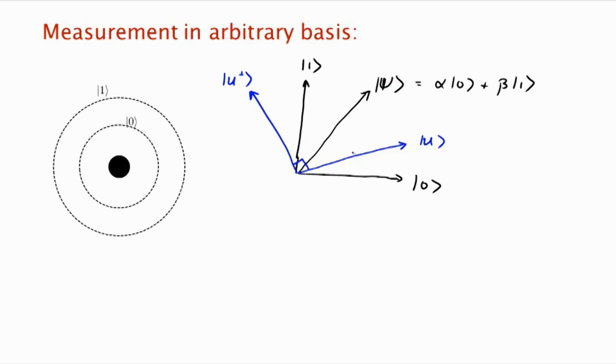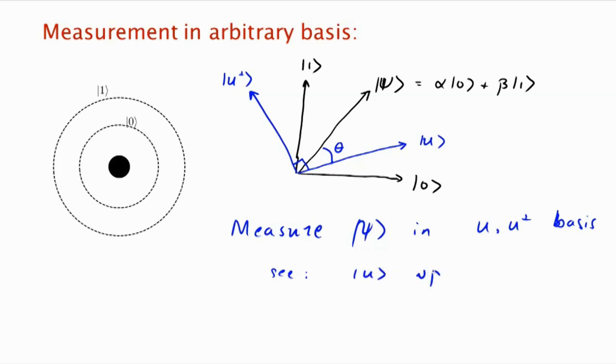And the answer is exactly what we said before. If it makes an angle of theta here, then if we measure psi in the u, u perp basis, you see the new state is u with probability cosine squared theta, u perp with probability sine squared theta.